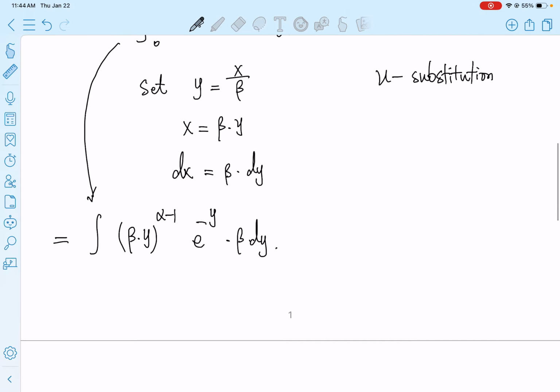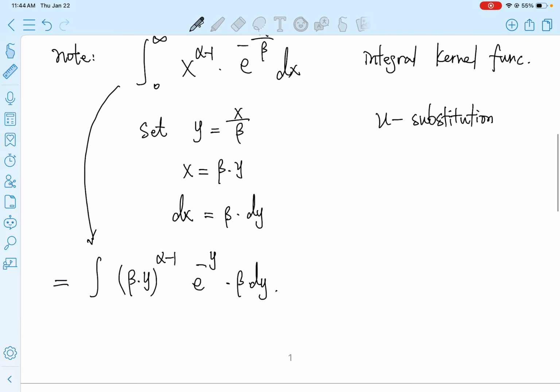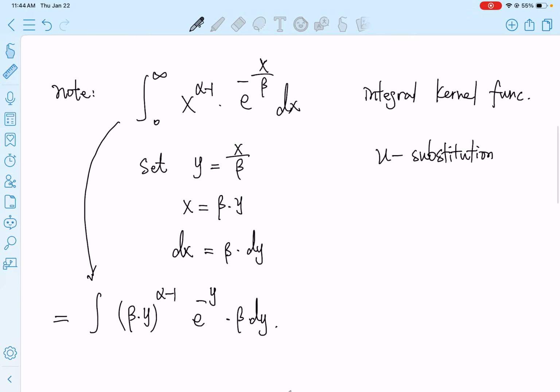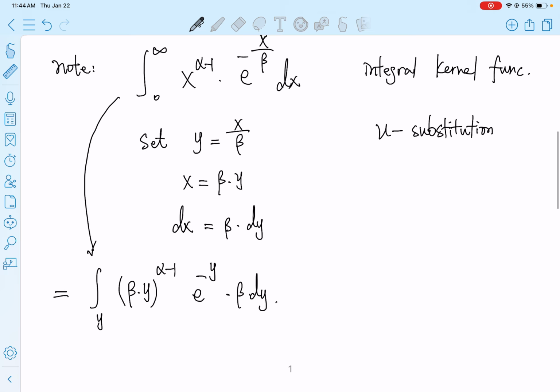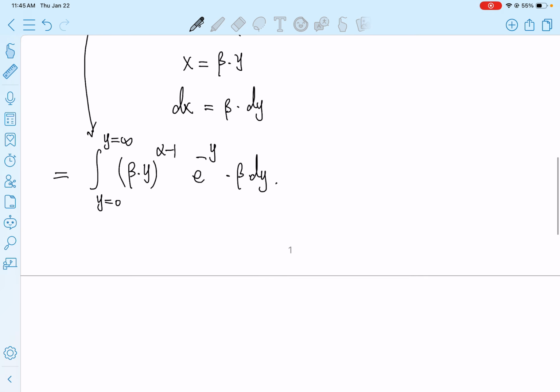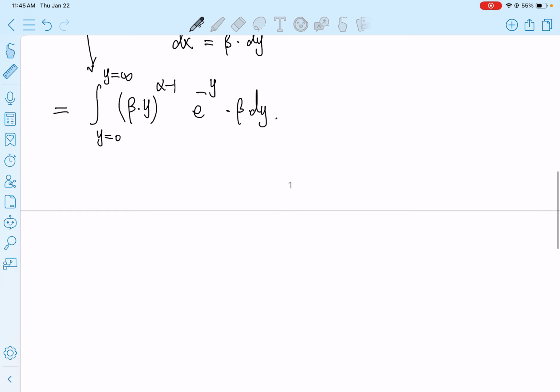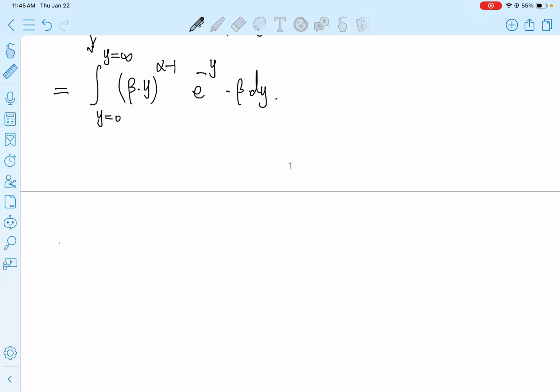Also, y is equal to x over beta, so the range for y can be obtained by plugging the range of x into this equation. So y also starts from 0 and goes to infinity. So we have this integral to evaluate. One thing we can notice is that beta here is a constant because the integral is with respect to y.